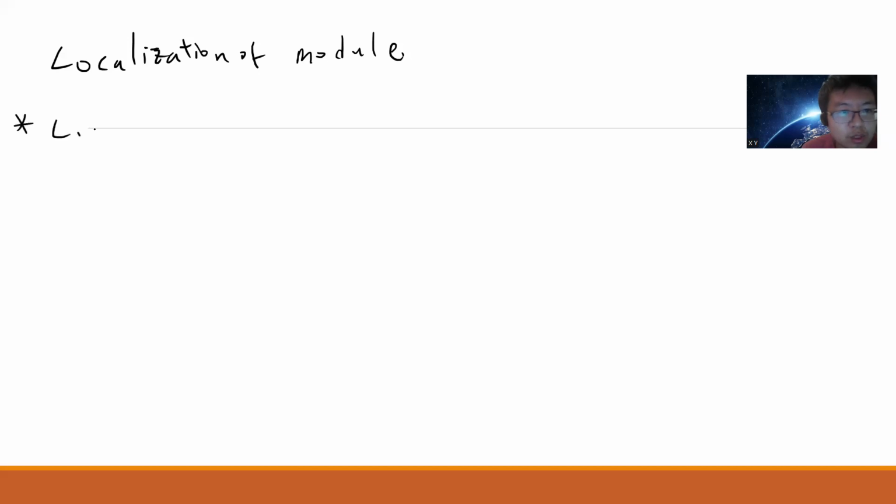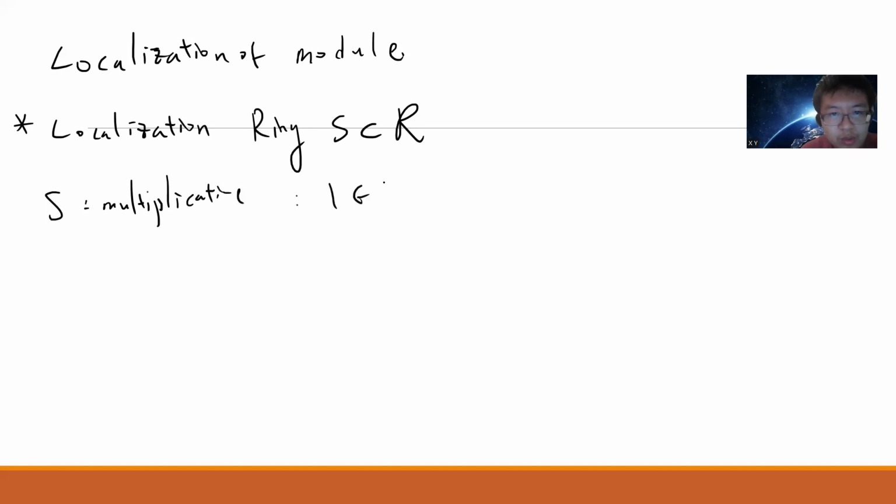Before we do this, in this video let's first quickly recall the localization of a module. First, let's quickly recall localization of a ring. Somebody gives you R, and you take S, a subset which is multiplicative.